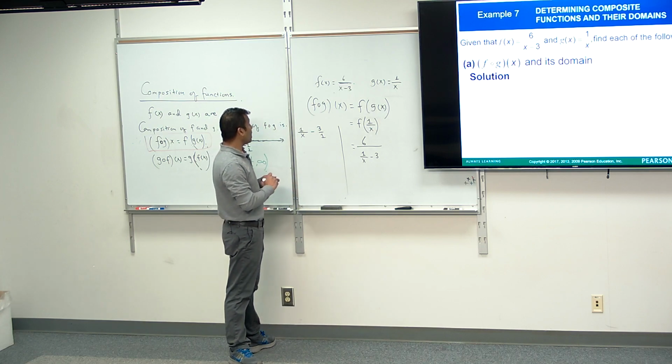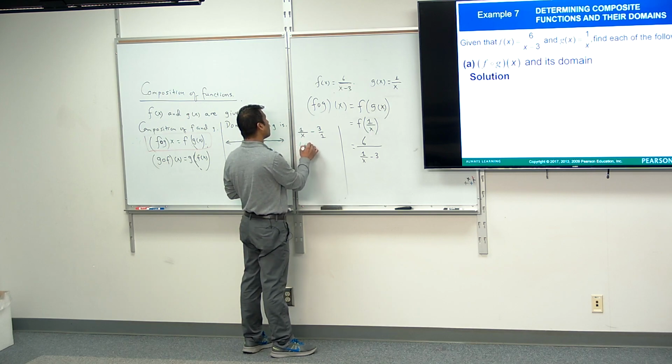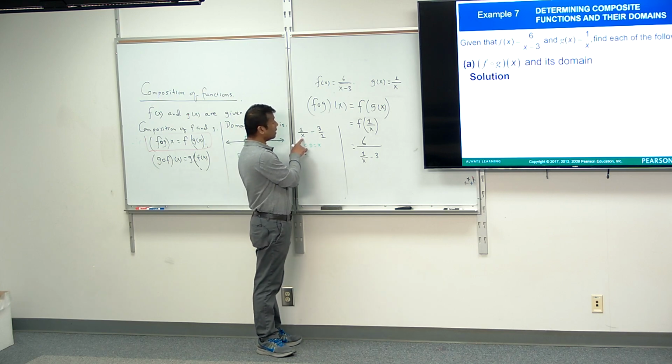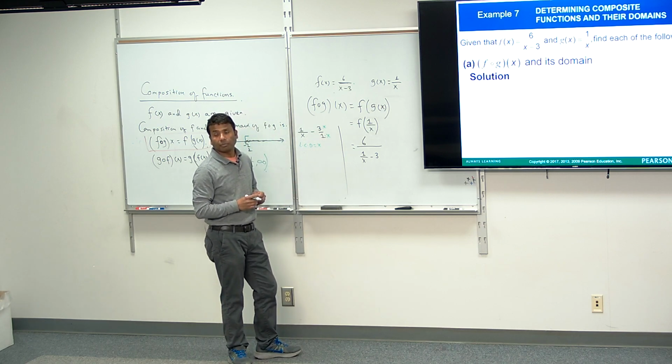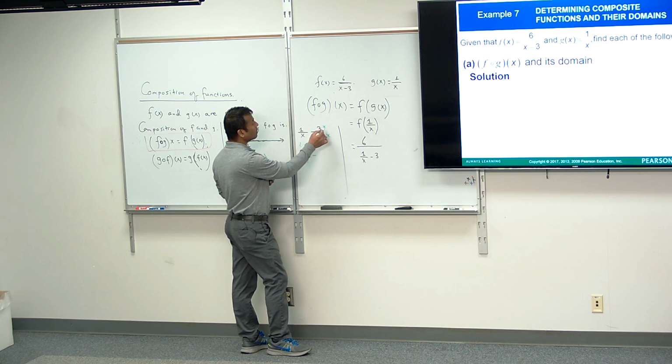Now I'm going to simplify this. So what is your LCD? Your least common denominator is x. Right? So I want to make x on the denominator. So you already have x, so you multiply this by x and multiply this by x. Did that make sense? So now this is the same as 1 over x minus 3x over x.